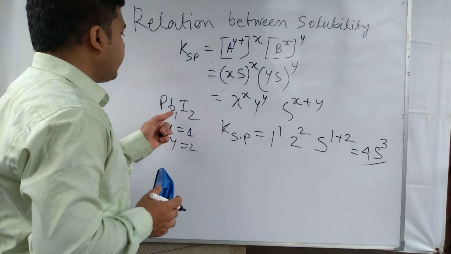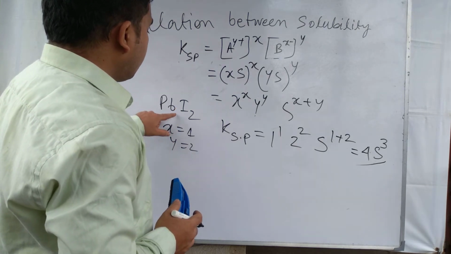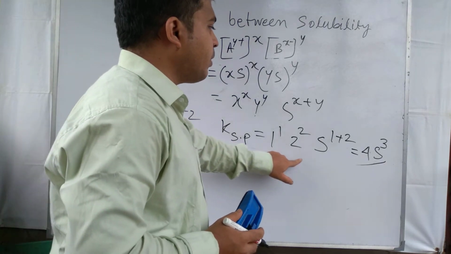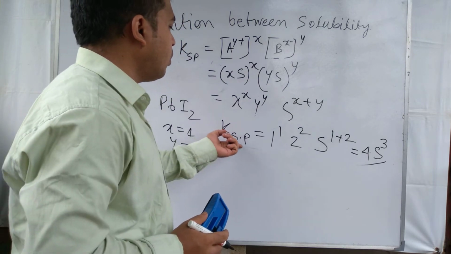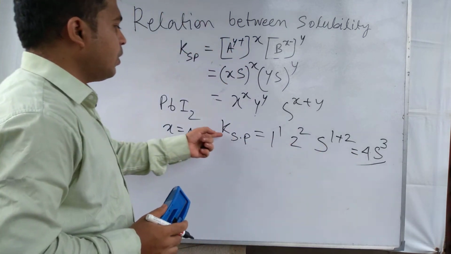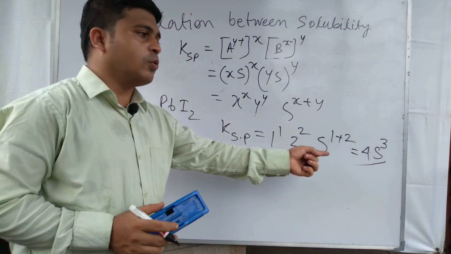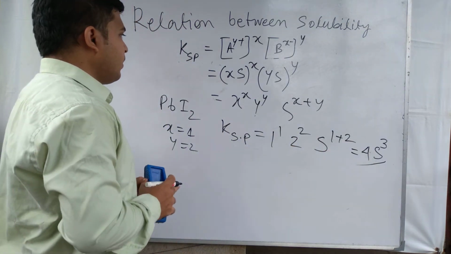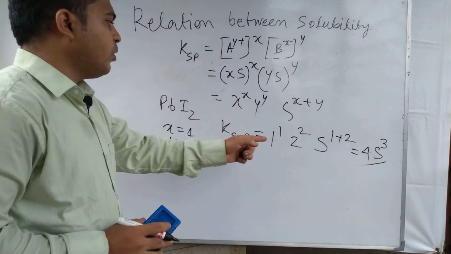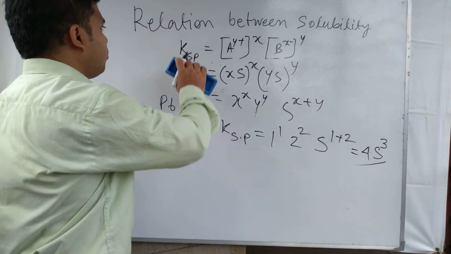For lead iodide PbI2, the relation between the solubility product and solubility is Ksp equal to 4S cube.